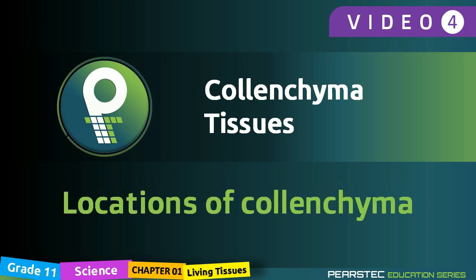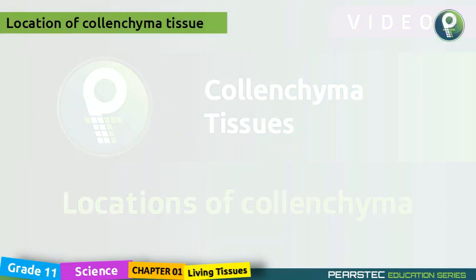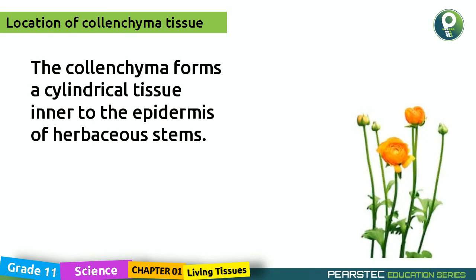Now let's understand the locations of the collenchyma. Where do you find collenchyma tissues? Collenchyma forms a cylindrical tissue inner to the epidermis of herbaceous stems. You can see these kinds of stems, where it gives mechanical support.